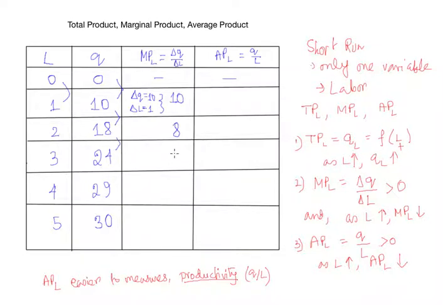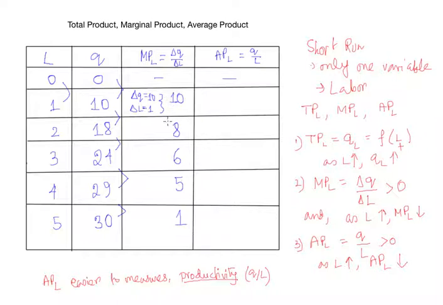For the third unit, it's 6, 24 minus 18, so delta Q is 6 and delta L is again 1, since 3 minus 2 is 1. Then when the fourth unit of labor is added, output increases from 24 to 29, which means it increases by 5 units. And when labor is increased from 4 to 5, that fifth unit adds 1 unit of output.